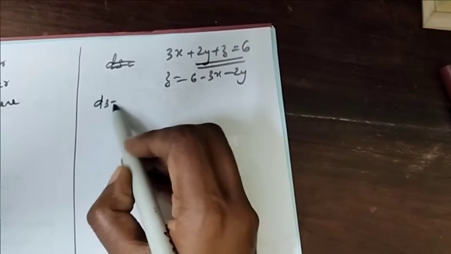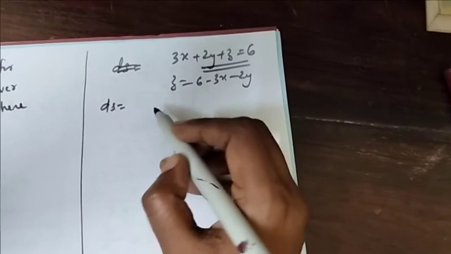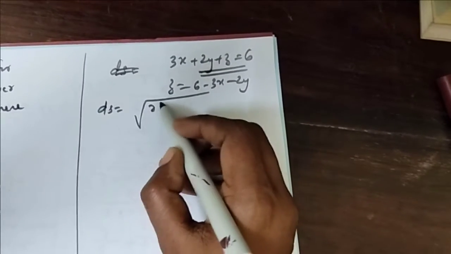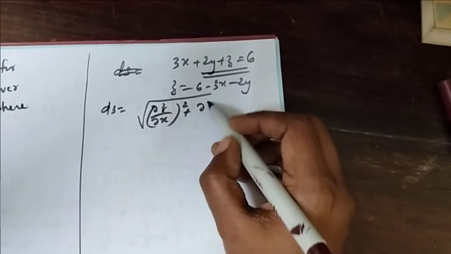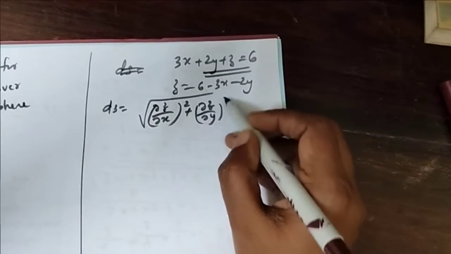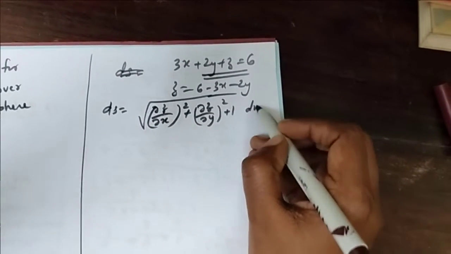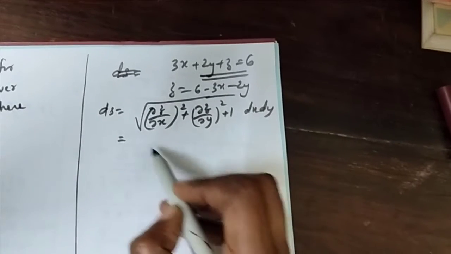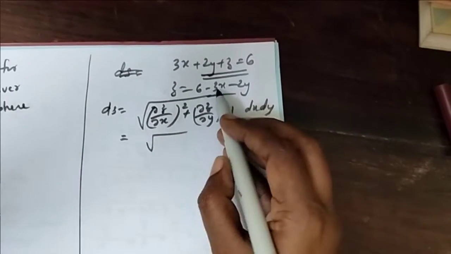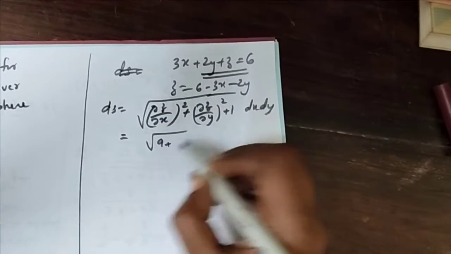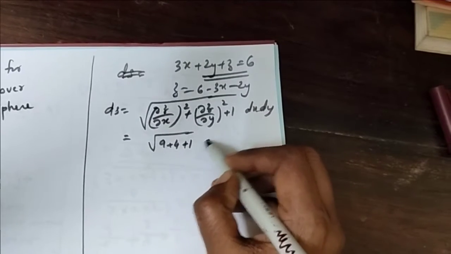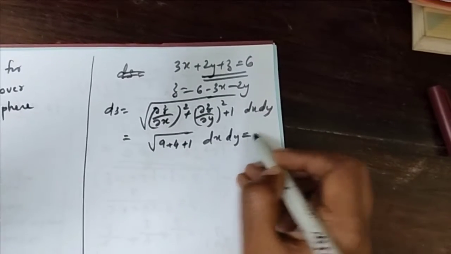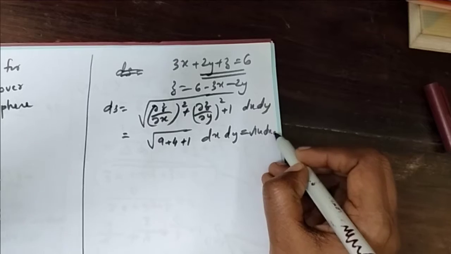So dS is the root of (dou z by dou x) the whole square plus (dou z by dou y) the whole square plus 1, dx dy, assuming we are projecting on the xy plane. So what is dou z by dou x? Minus 3, so 9. Dou z by dou y is minus 2, so plus 4, plus 1, dx dy. So it is root 14 dx dy.